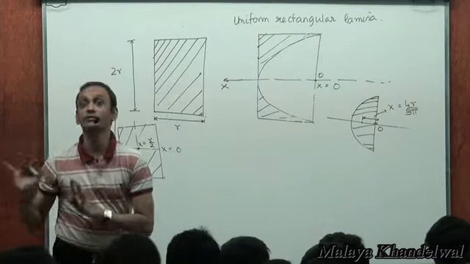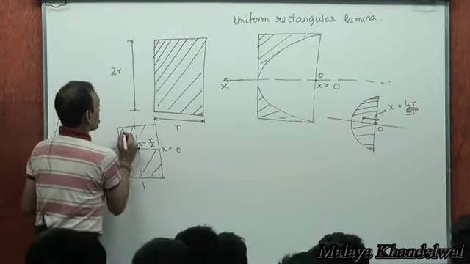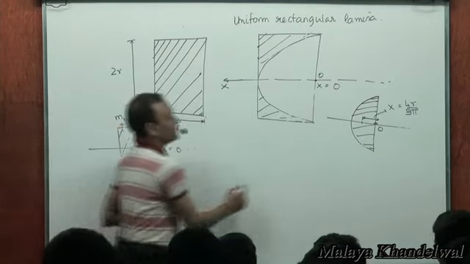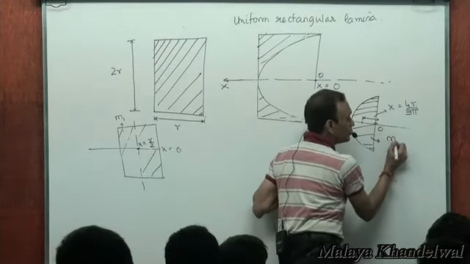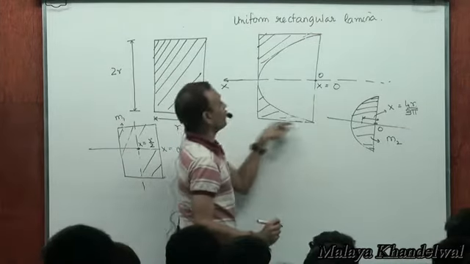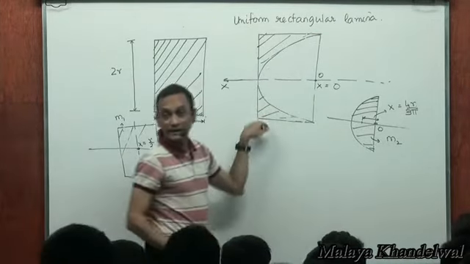Now again, if you remember, if the mass of this was m1, and the mass of this was m2, then the mass of the remaining was m1 minus m2.